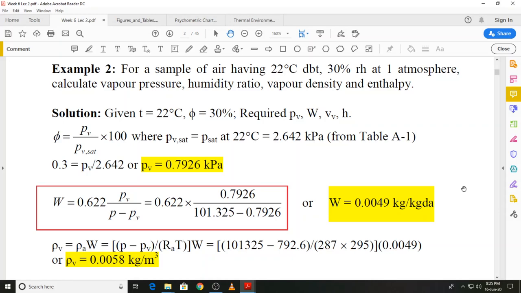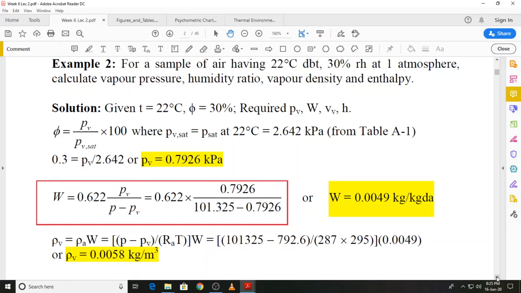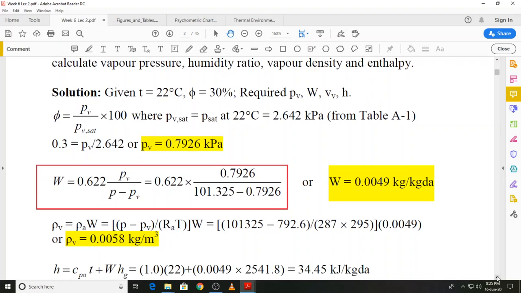The third property is the vapor density. Now if we recall the definition of humidity ratio, it is the ratio of mass of water vapor to the mass of dry air in the given air sample. The mass of water vapor can be written as the product of the density into the volume for both water vapor and air.